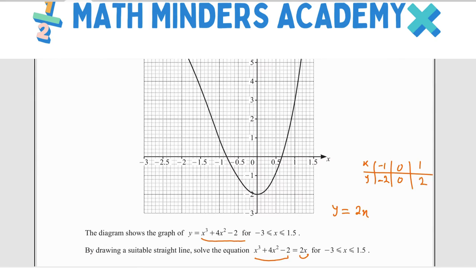So you see when s is -1, y is going to be -2. So we are going to have the line pass here. It will pass through 0, 0, and 1, 2. So we'll put our ruler and draw a line that will go this way, and then we'll rule it very well.